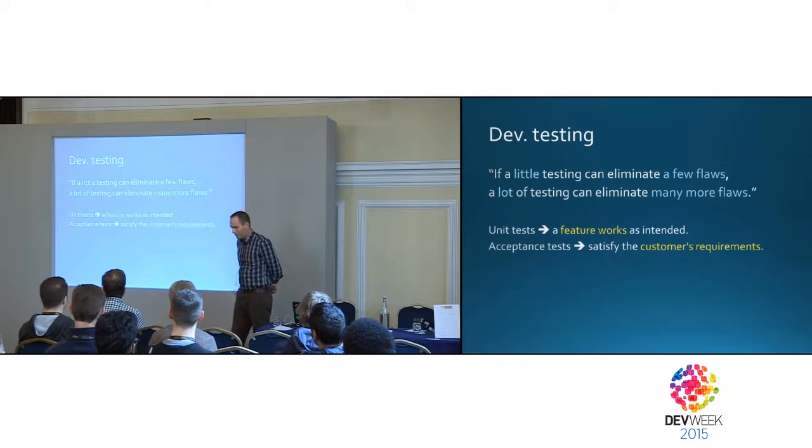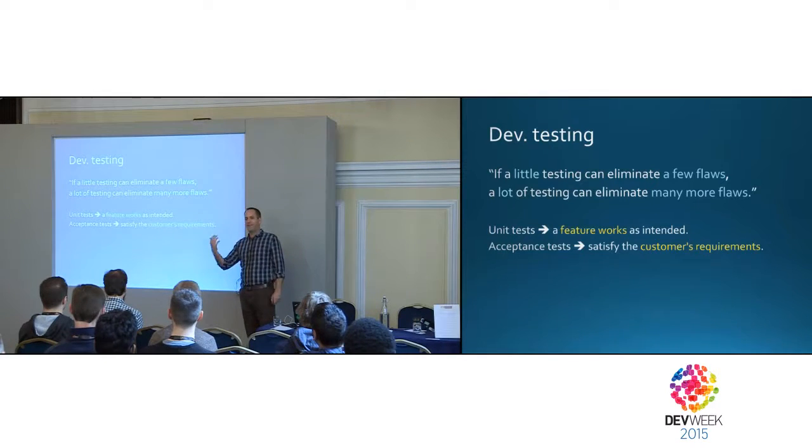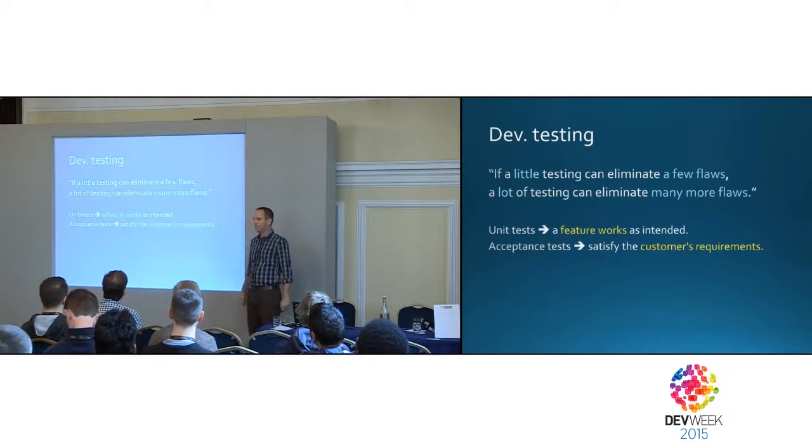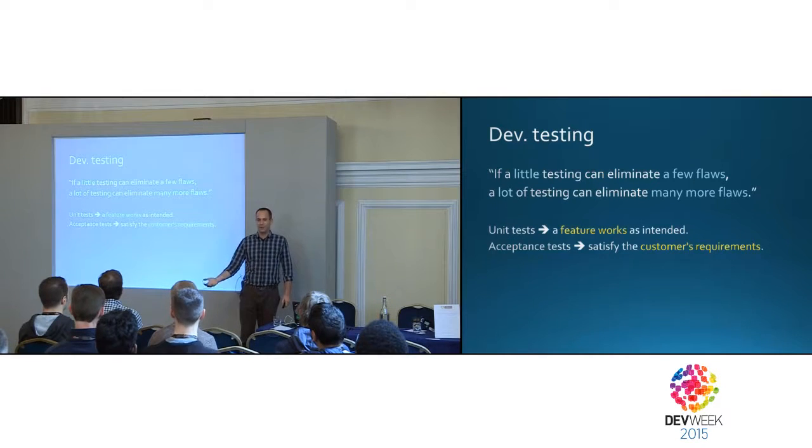So they talked about developers writing tests, which is a groundbreaking idea even today, that developers should write tests. The very idea that developers should test the thing they're writing instead of just throwing it over the fence for the poor testers to try to understand how to get it to work is a great idea. And it comes from the basic notion that if some testing is good, more tests are better.